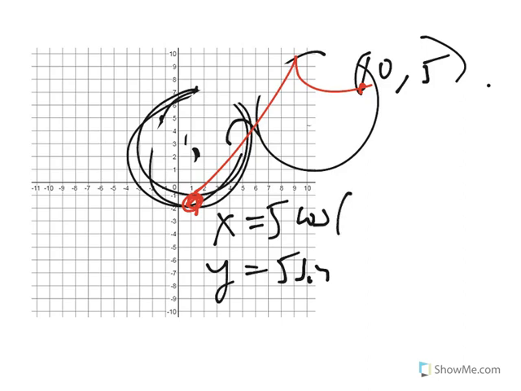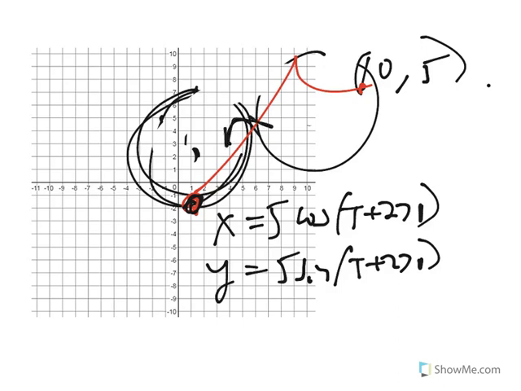So 5 cosine of t plus 270, and 5 sine of t plus 270. The 270 is there because it's at the bottom, at the 270 degree mark, for starting, and the plus is because I'm making it go counterclockwise. But now I need to add on what happens to the center. Well, the center starts off at 1, 2. So just throwing the 1 and 2 there, that would make it go around this circle.